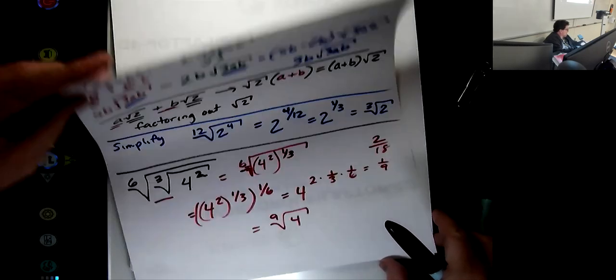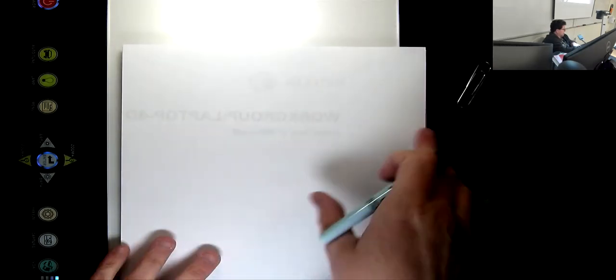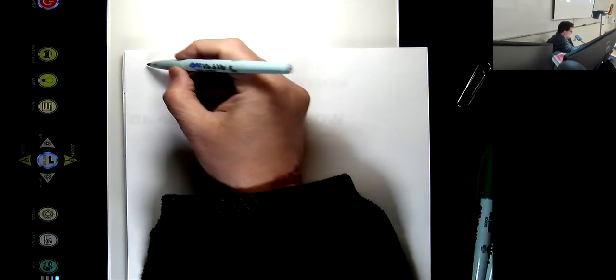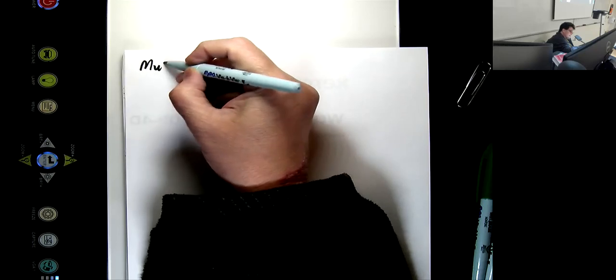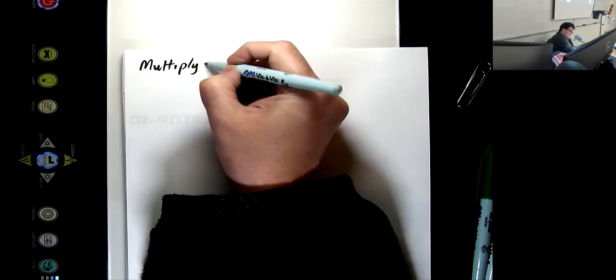Last set of rules, multiplying and dividing radicals in weird ways. We already did basic multiplying and dividing.